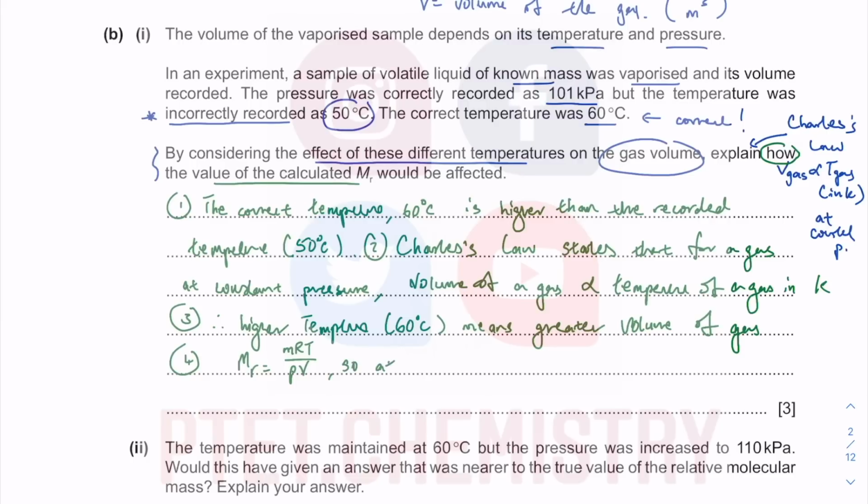So at higher temperature, following on from what I just said previously, greater volume of gas, and so we expect the MR to be lower despite the temperature being higher, because we already take into account that temperature and the volume of gas can change.